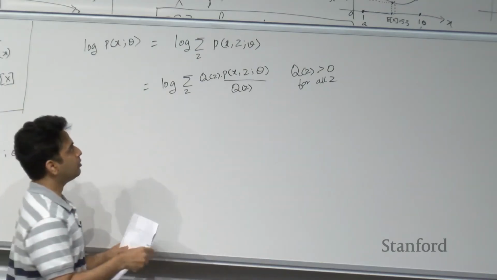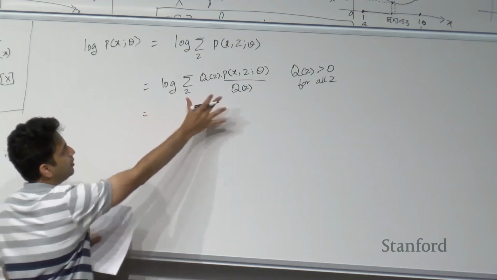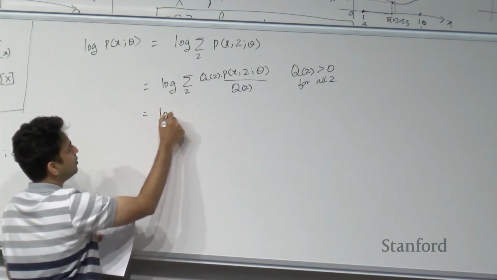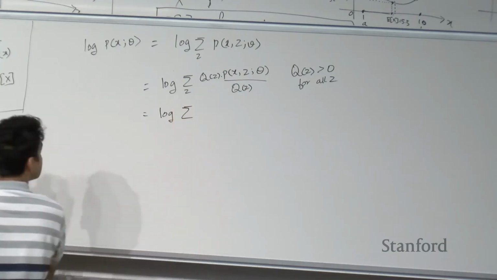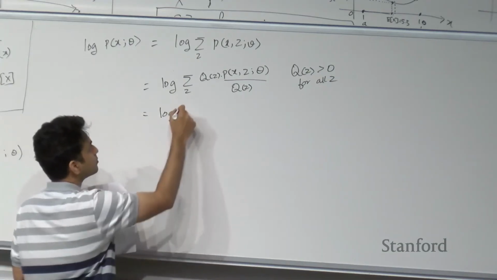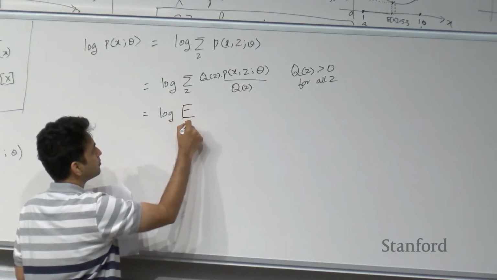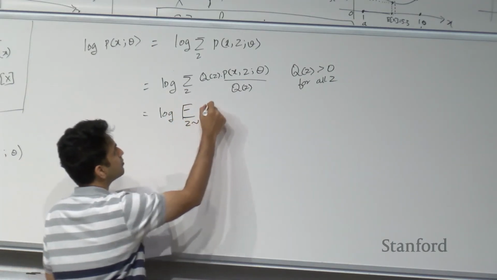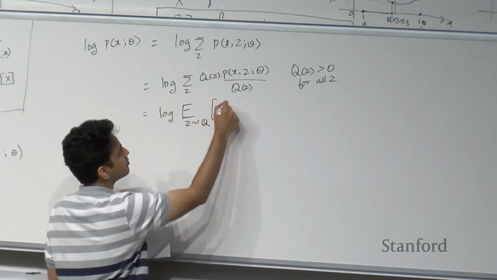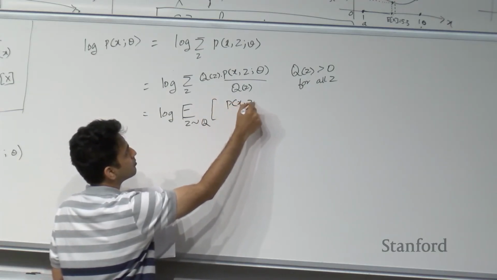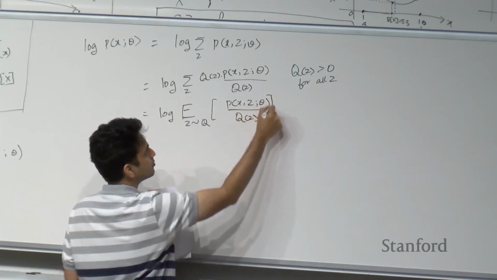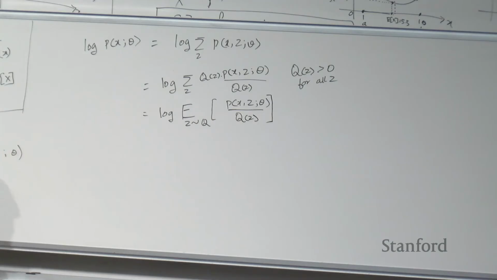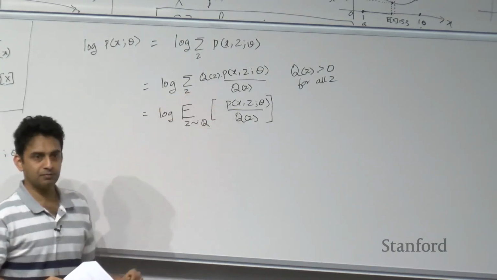And now we can see that this can be written as log of an expectation. What did I do here? Nothing basically. This is the definition of expectation.